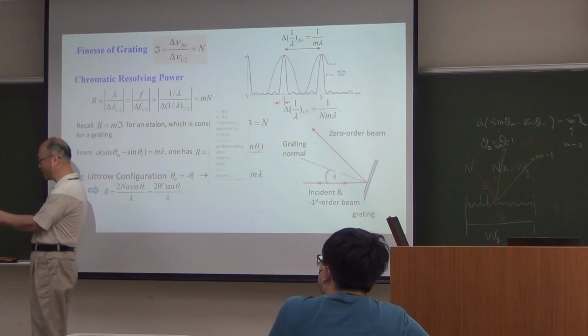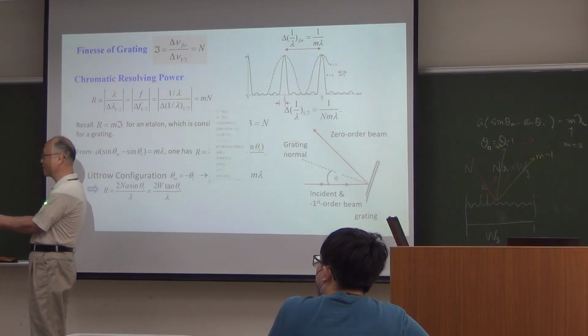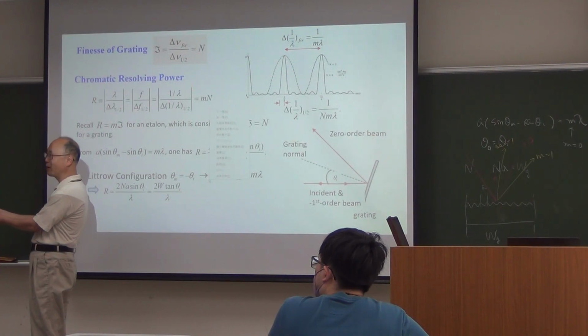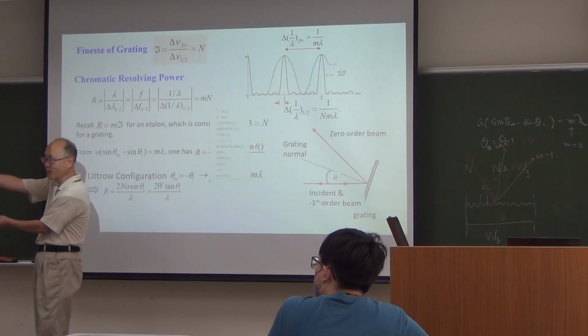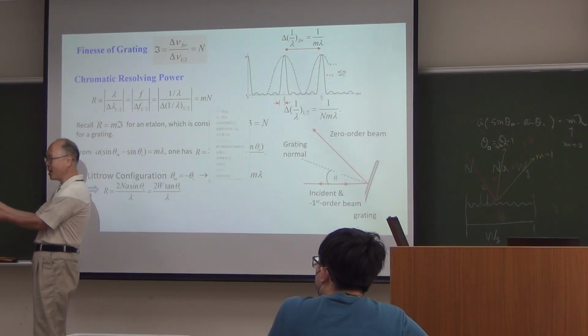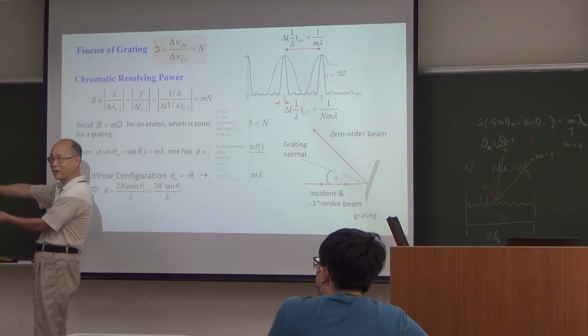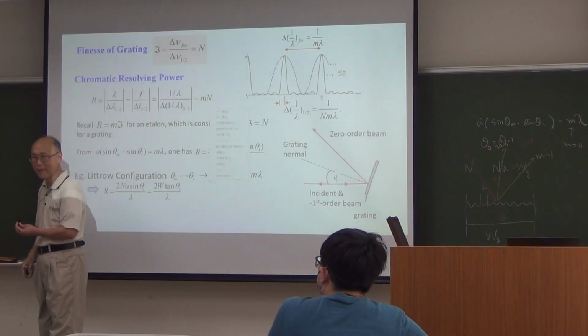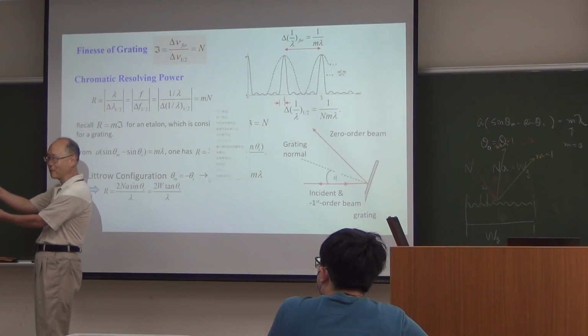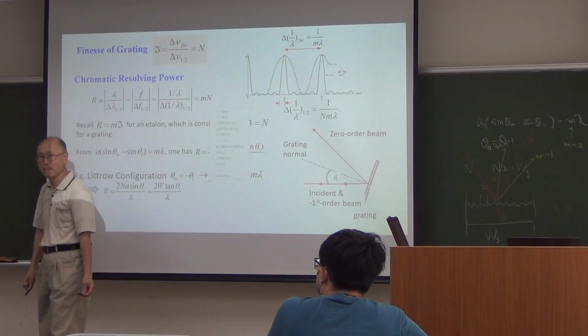So along the zero order beam, if theta I and theta m are on the same side, with reference to the zero order beam, then theta m is going to be a negative number. Theta m is positive if theta m is on the other side of the zero order beam. Okay.